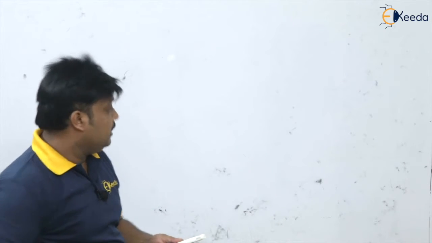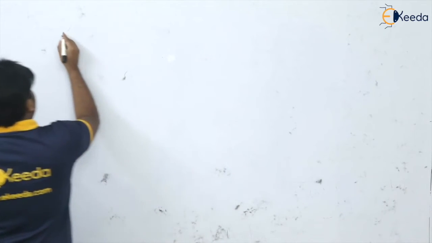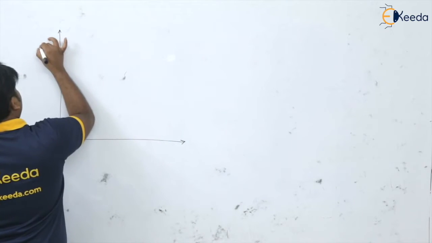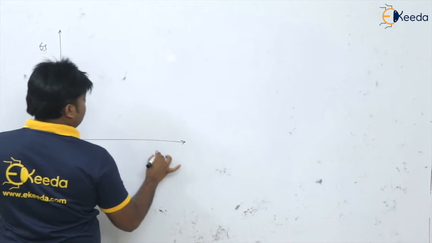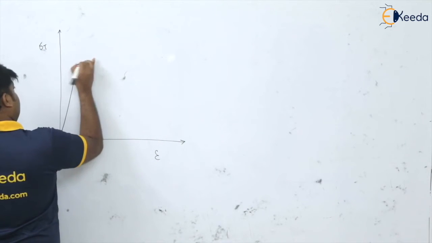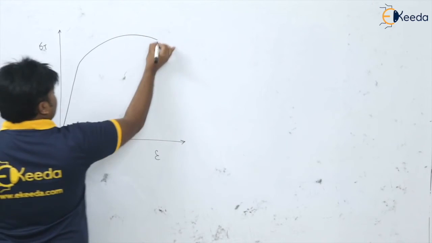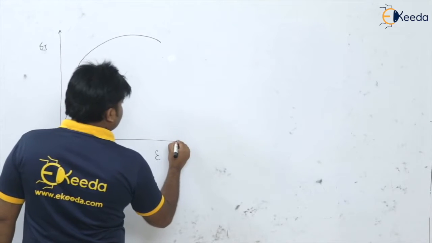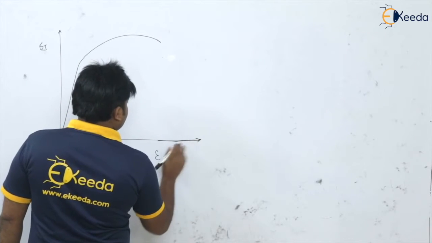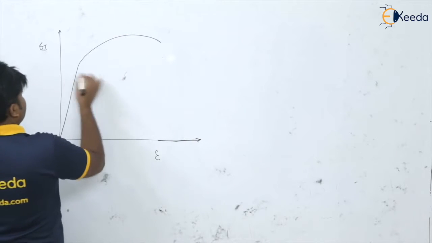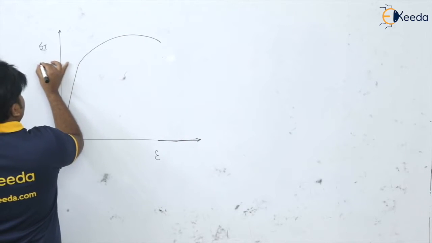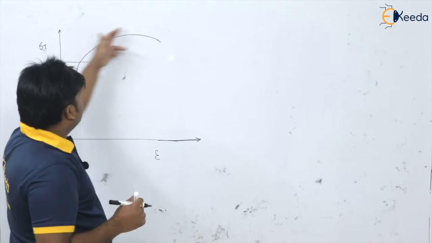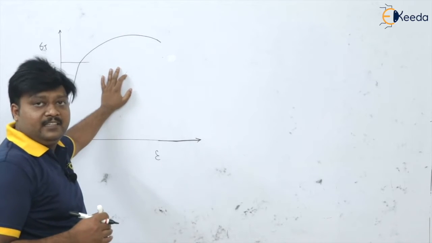Now dear students, if we look at this true stress and true strain curve, of course this is sigma T and this is epsilon, this is our true stress strain curve, isn't it? Now see, up to the yielding we have the elastic region and then the strain hardening region.